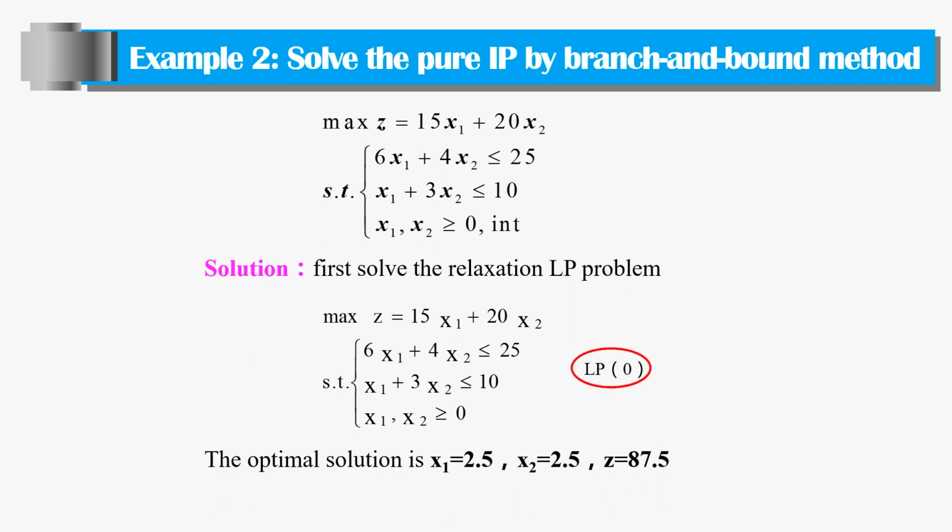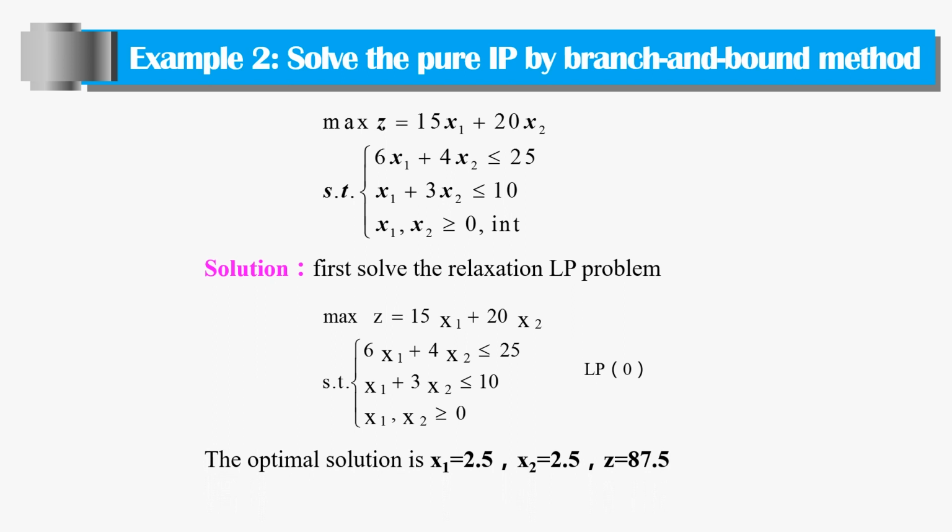We denote it by LP0. Solving this LP program, we get the optimal solution x1 equal to 2.5, x2 equal to 2.5, and the objective value is J equal to 87.5.